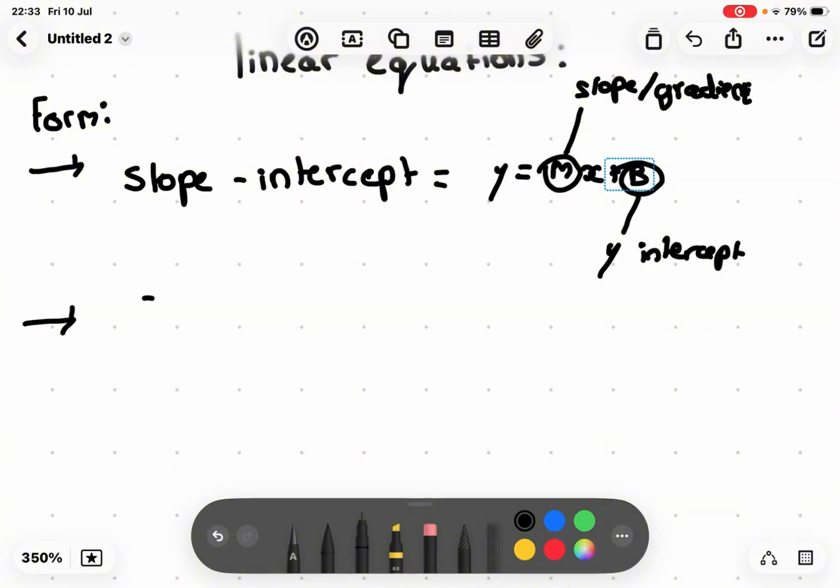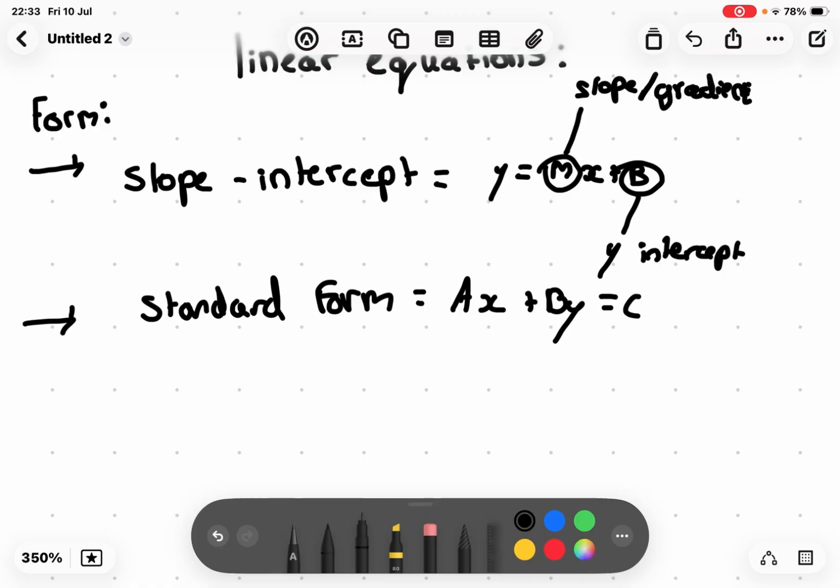The second type is standard form, and that is ax plus by equals c. These are the points.